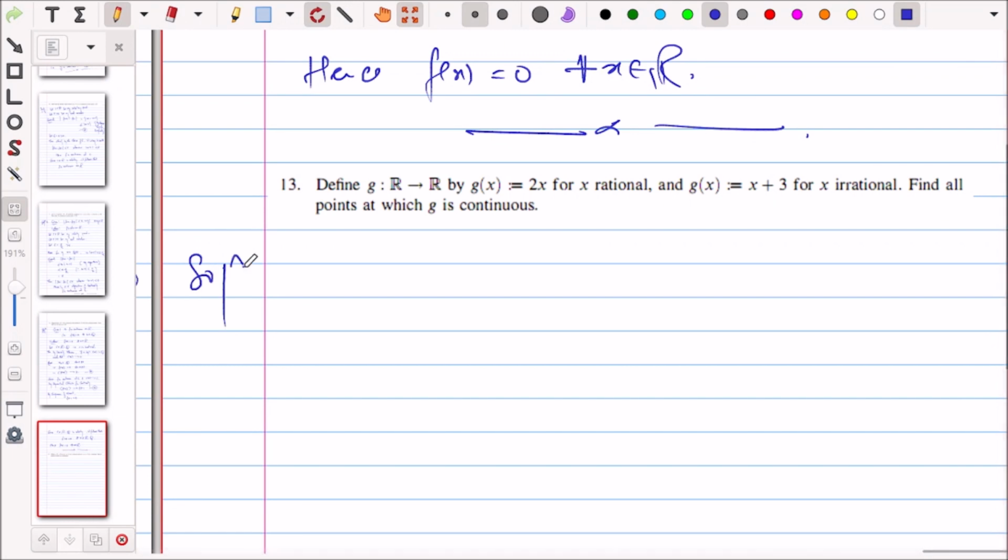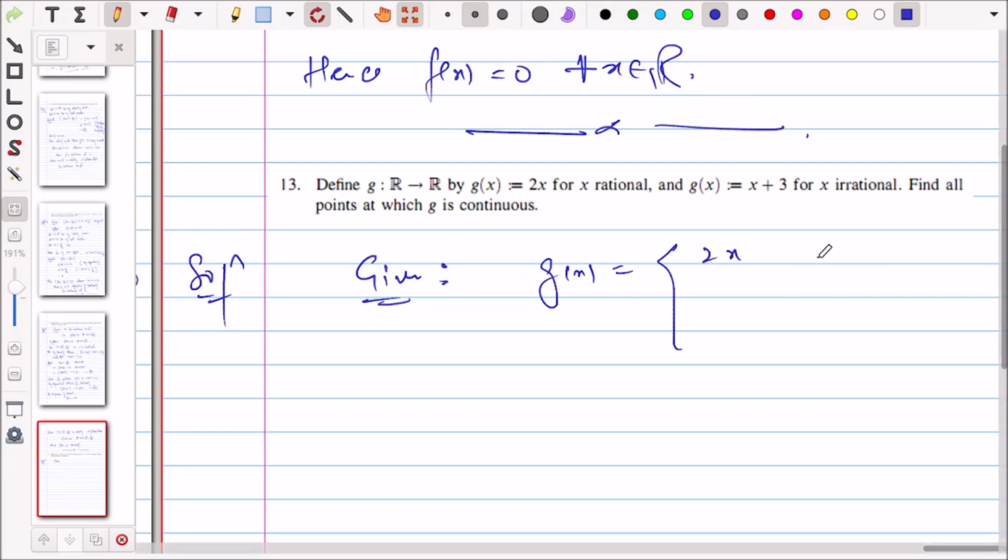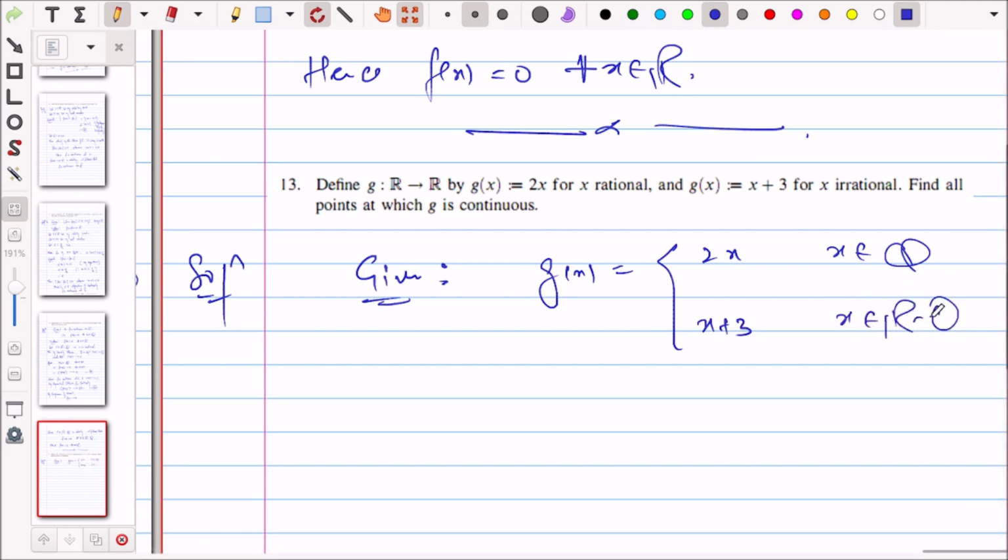Solution: given g(x) is equal to 2x when x belongs to Q and x plus 3 when x belongs to R minus Q, and we have to find all points of continuity of g. Generally, whenever we are given this Dirichlet type of problem, the points of continuity are the points at which these two functions intersect, that is, points at which these two functions are equal.